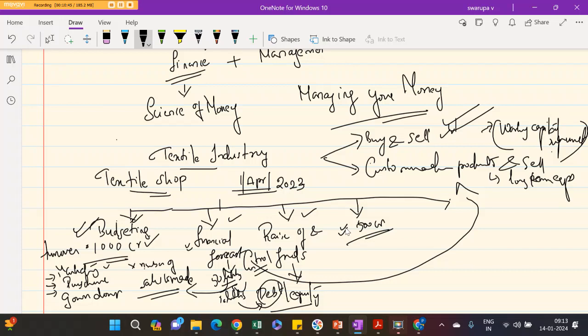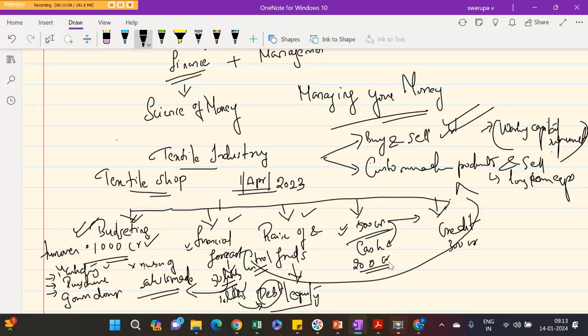Now when I'm earning money, there are two ways in which you can earn money: cash, credit, right? So there will be cash sales as well as credit sales. Now when it is cash sales, out of this 500, assuming 200 is cash sale and 300 is credit sale.